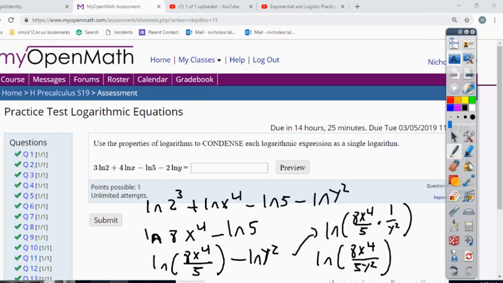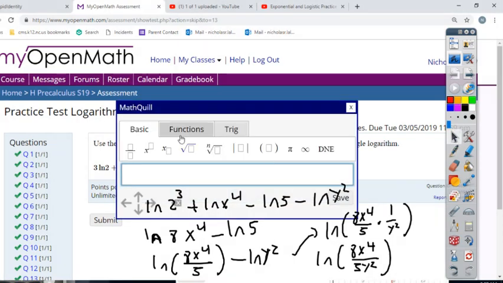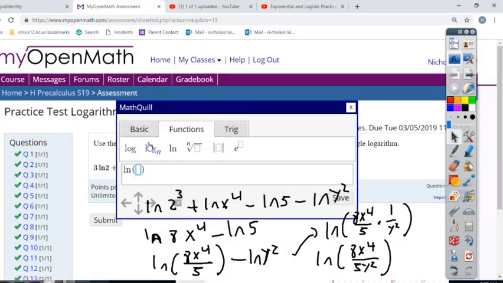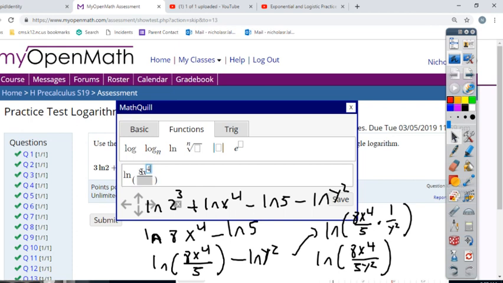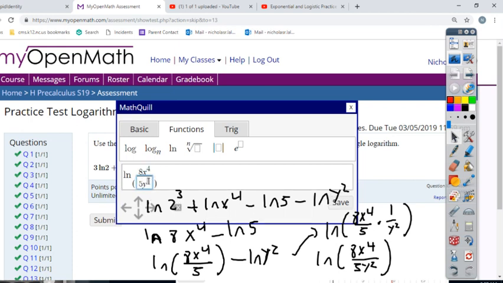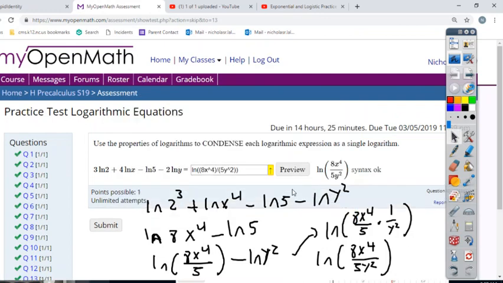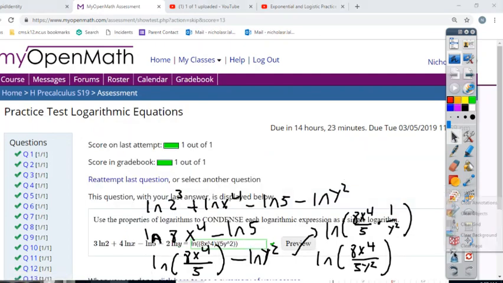Yep. So we find the natural log of 8x to the 4th over 5y squared. Hit submit. Got it right. Clear annotations and move on.